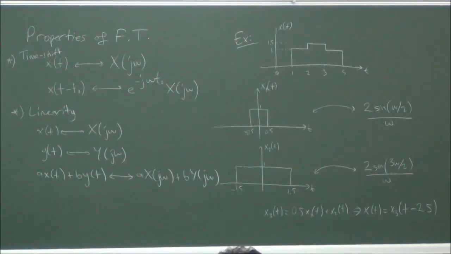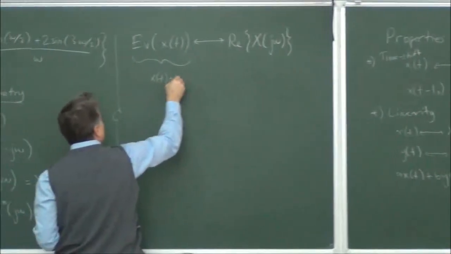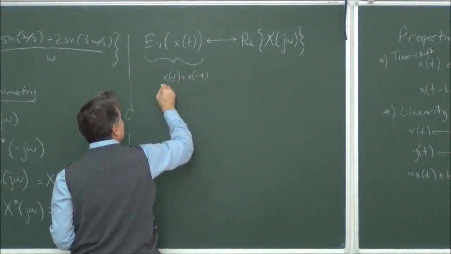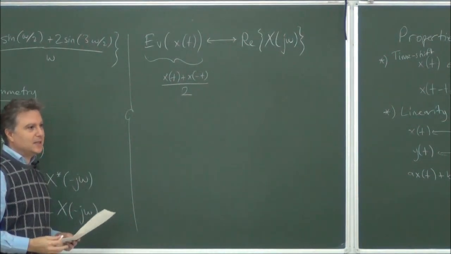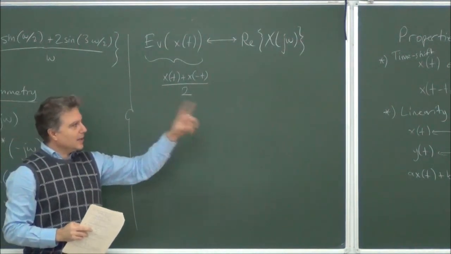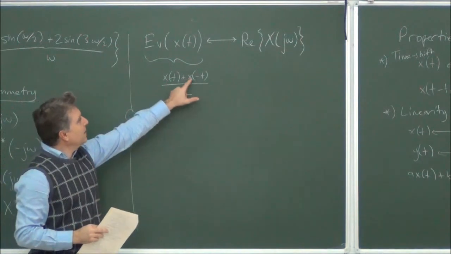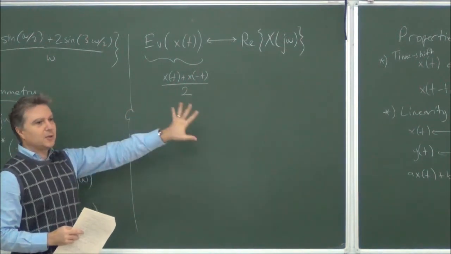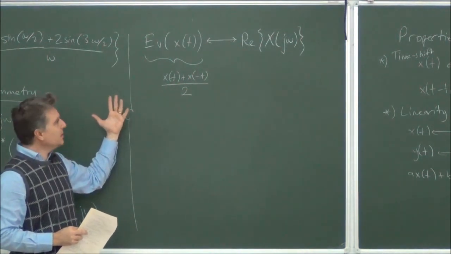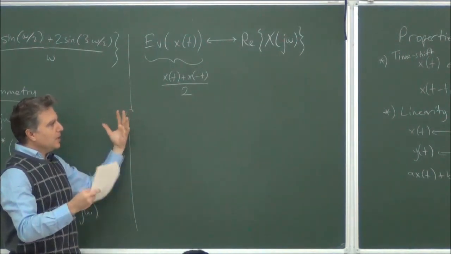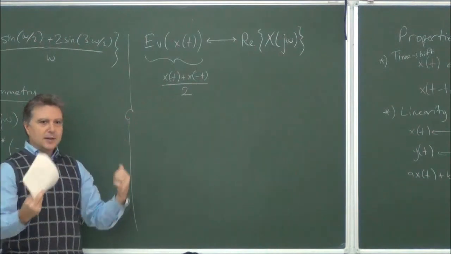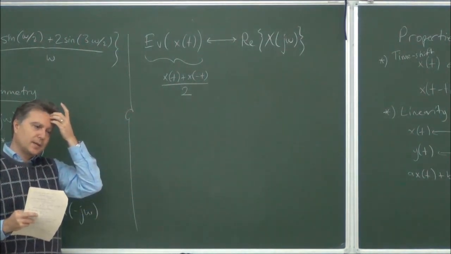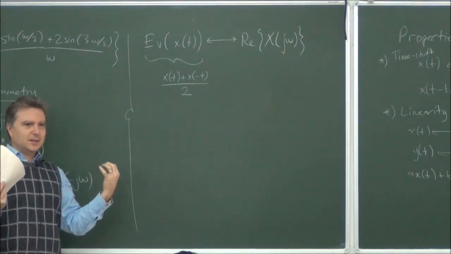That is x of t plus x of minus t over 2. This is the even part of any signal. So all you have to do is take that signal, find x of minus t, which is by flipping around the 0 axis, and sum them up. It will contain two components. The energies must be normalized by dividing by 2. And it becomes a symmetric signal.